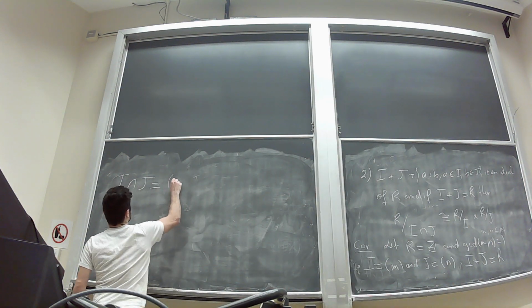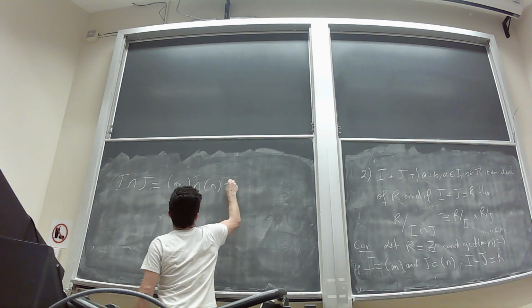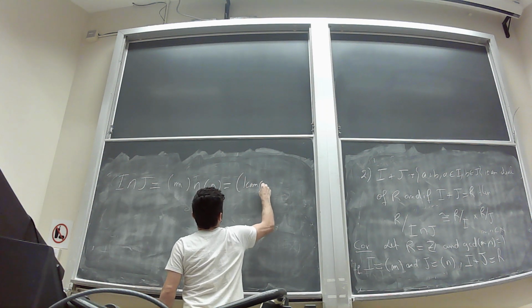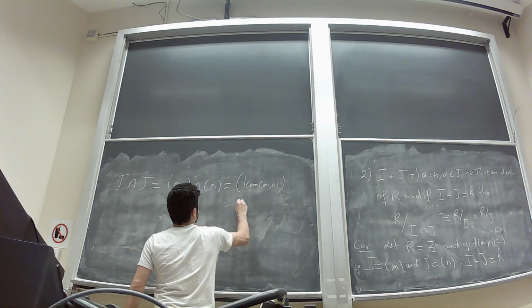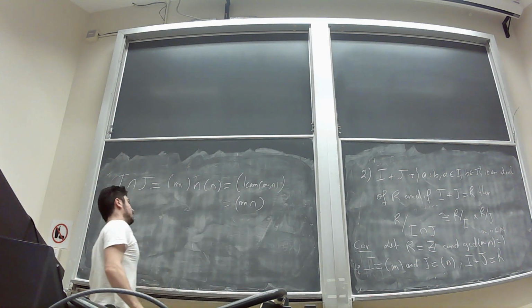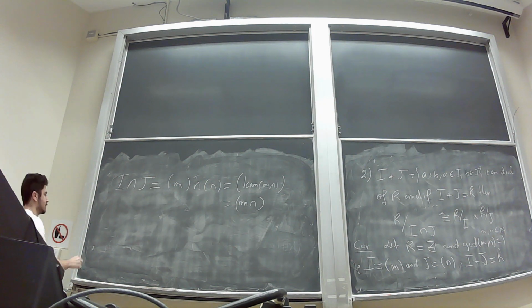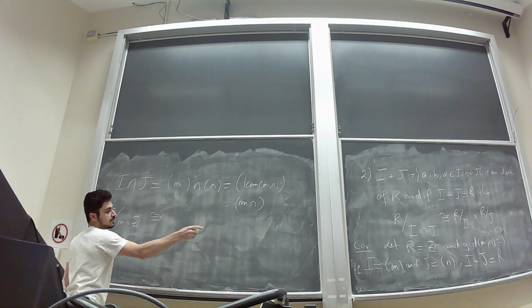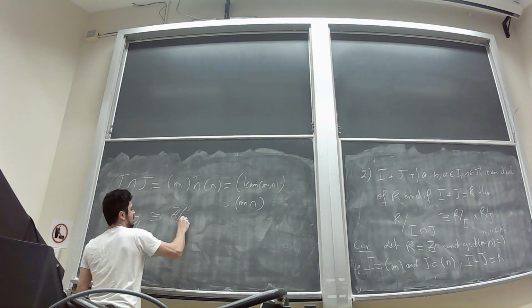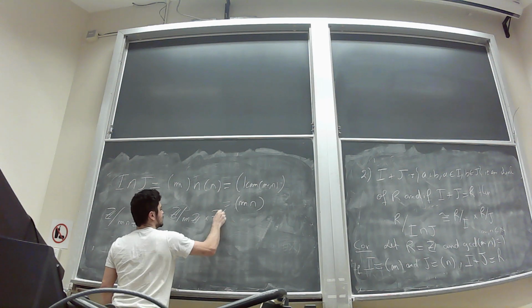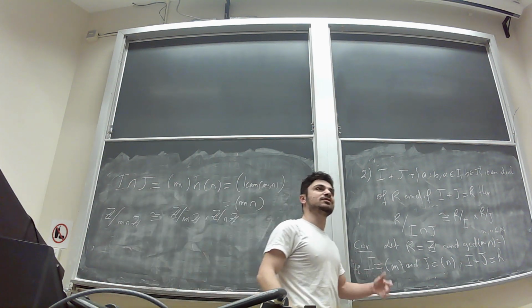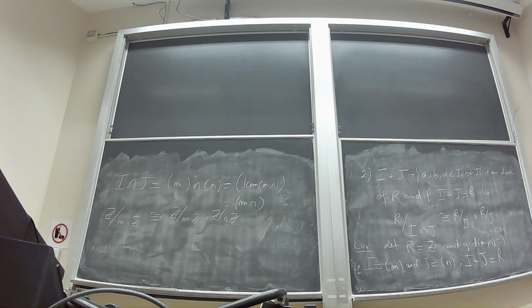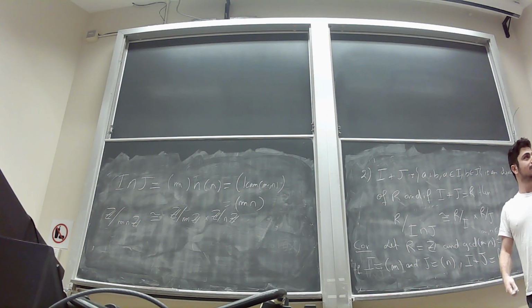So I intersection J is the ideal generated by LCM of m and n, which is mn, if m and n are co-prime. Great. Apply the theorem. Z modulo mnZ is isomorphic to Z mod mZ cross Z mod nZ. This is the Chinese remainder theorem for Z, but proved another way. There is no characteristic involved here. Just rings.